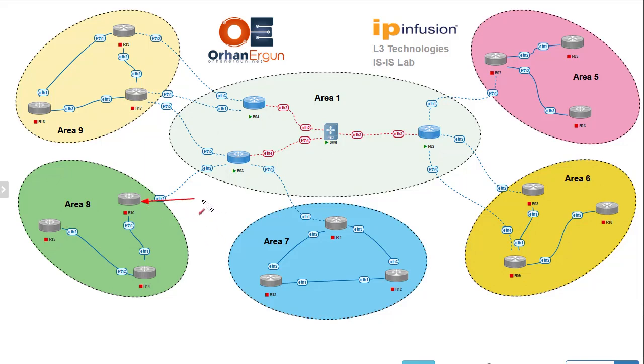So this one should be an L2 interface, and this one should be an L2 interface. And every other interface which is going to be connected to a router in another area should be of type L2. Inside areas, of course, we don't have this restriction. We can have L2 or L1 or a combination of those.